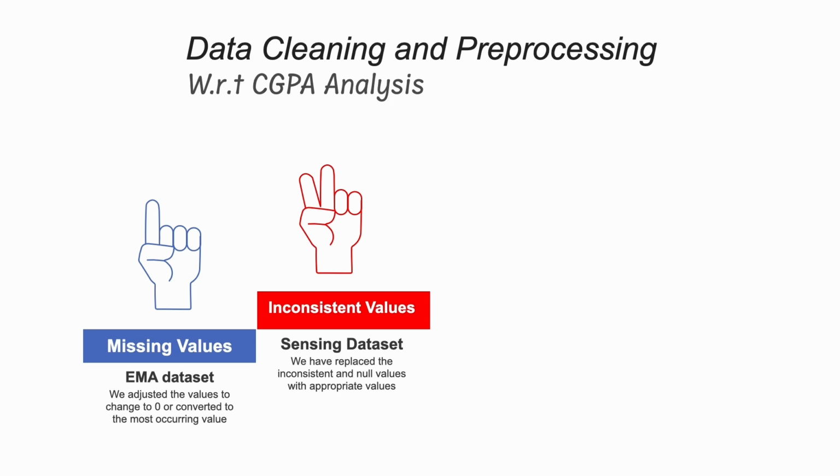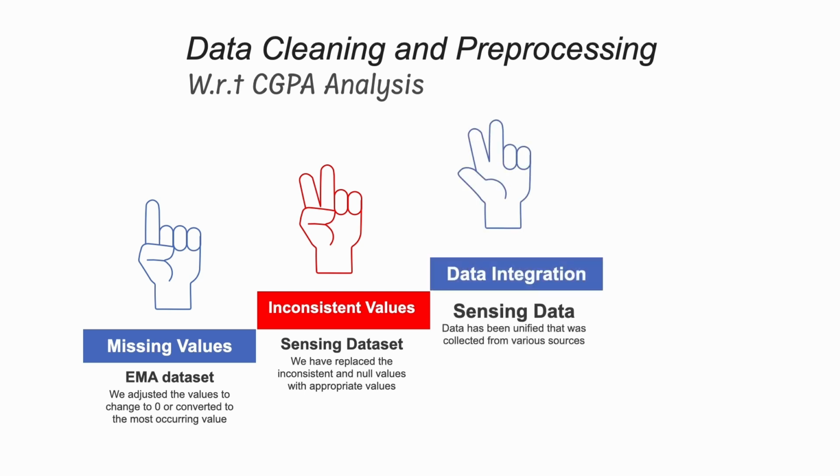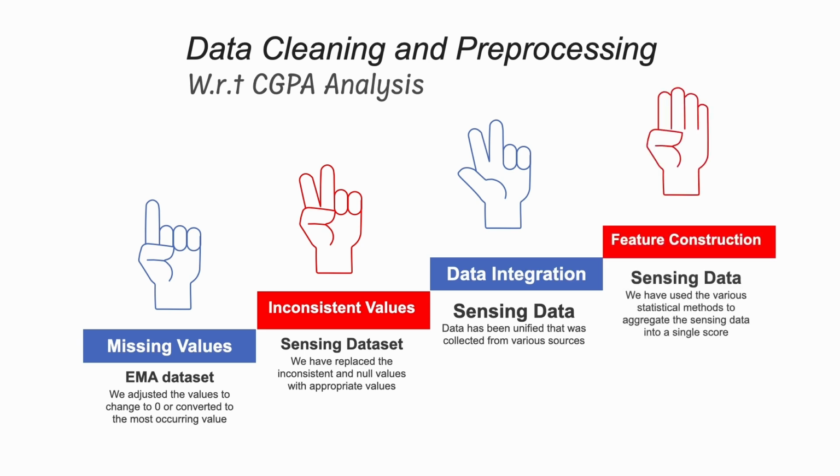We have replaced the inconsistent and null values with appropriate values. Then we performed data integration over sensing data, where data that was collected from various sources has been unified. Lastly, we performed feature engineering or feature construction over the sensing data. We have used various statistical methods to aggregate the sensing data into a single score.